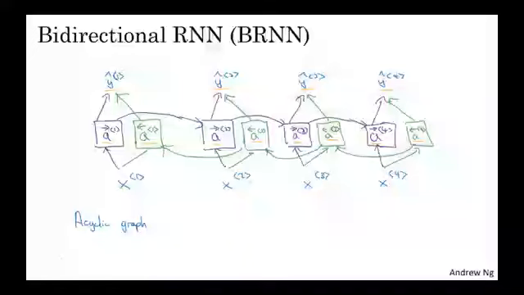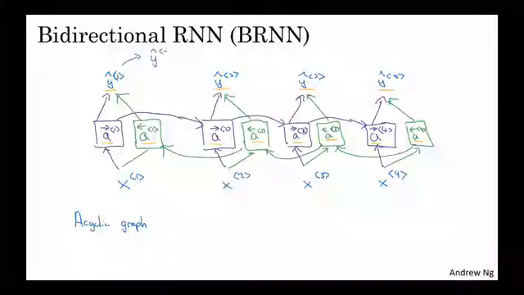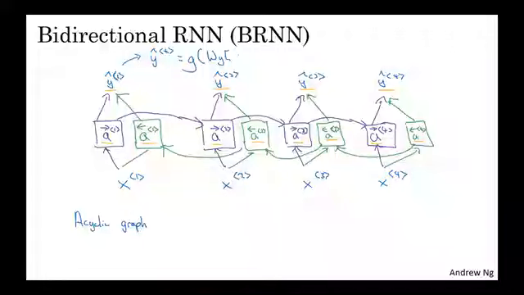To make the predictions, your network would have something like: y hat at time t is an activation function applied to W_y with both the forward activation at time t and the backward activation at time t being fed in to make that prediction.